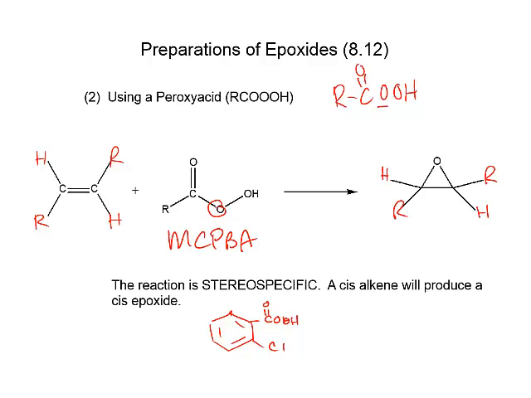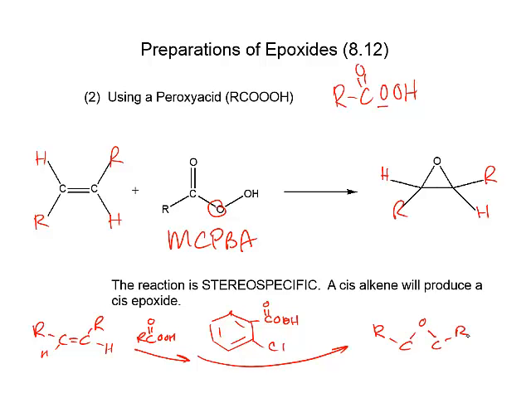What stereospecific means is that if you change the stereochemistry, so if I take my double bond and I now make it cis, and I use my peroxy acid on it, I'm going to end up forming the cis epoxide.